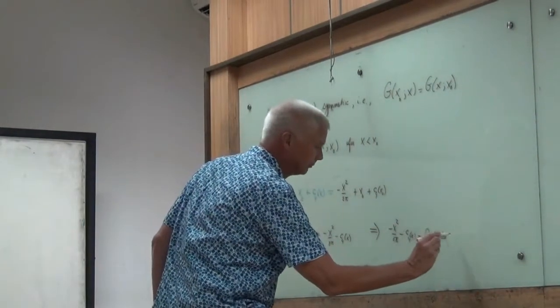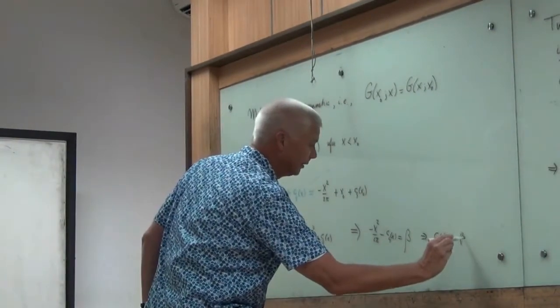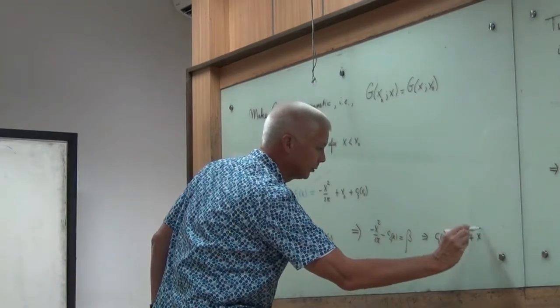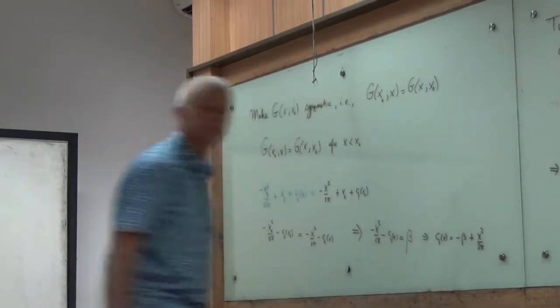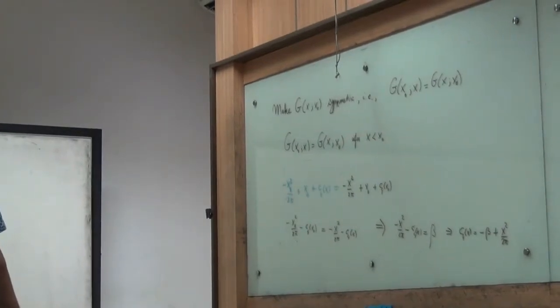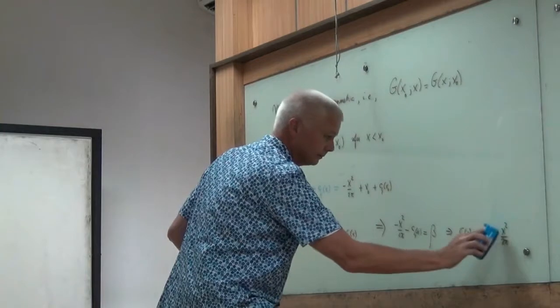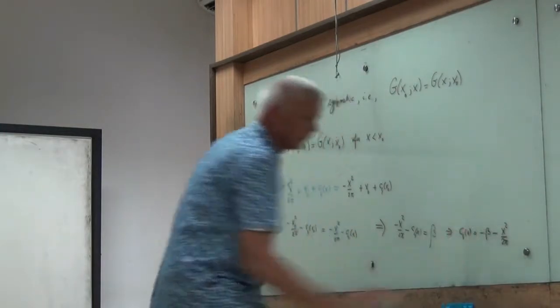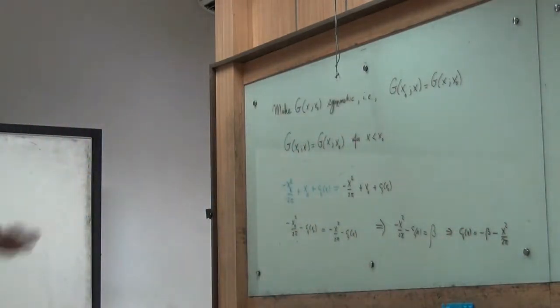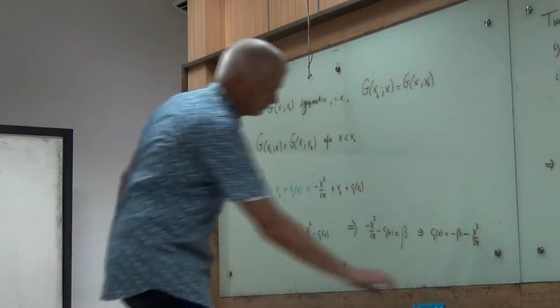So then I see that my c4x is equal to minus beta plus x squared over 2 pi. Minus, wrong again. Yeah, minus. So this is my c4. Okay, so I can substitute that into my formula.